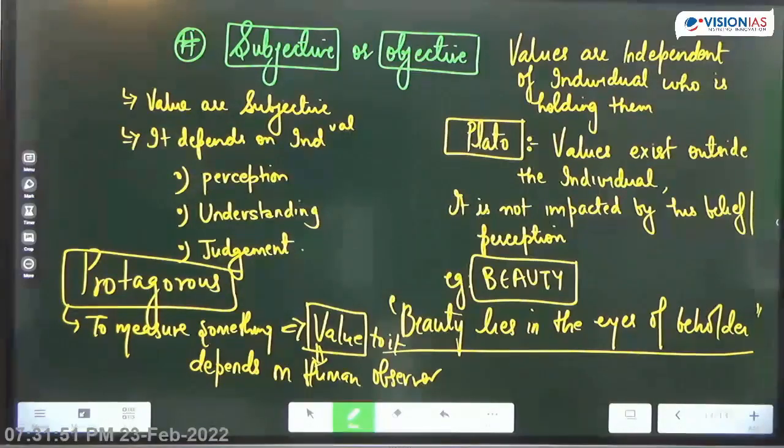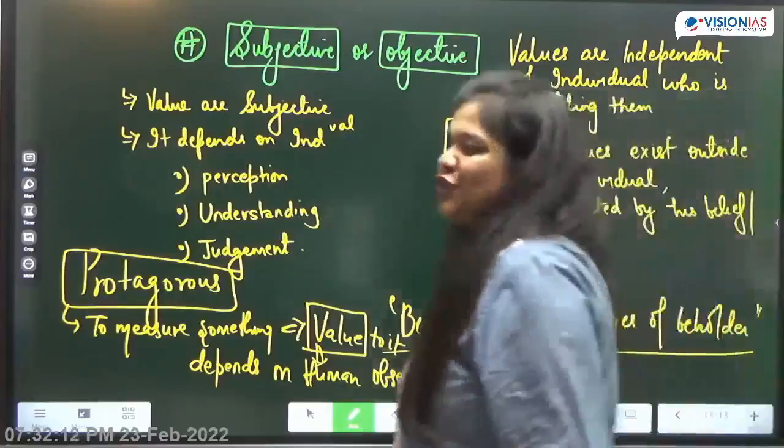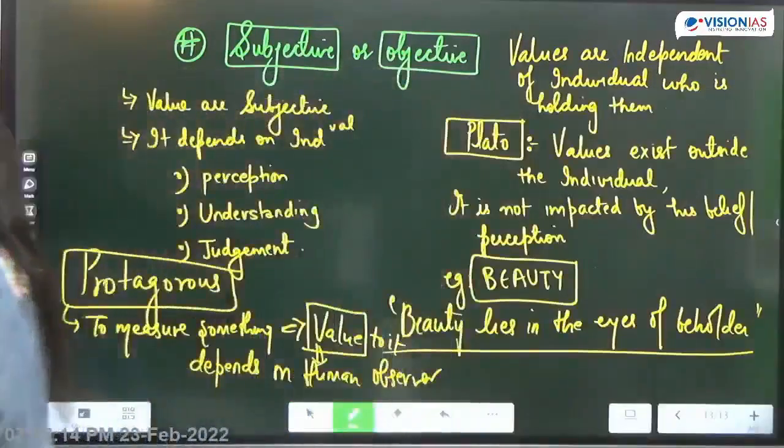However, one school of thought believes that these values are objective, they are independent of individuals' existence. But largely, it should be subjective. क्योंकि अगर सब्जेक्टिविटी नहीं होगी तो फिर सबकी डेफिनेशन ऑफ पेट्रियोटिज्म सेम नहीं हो जाएगी.